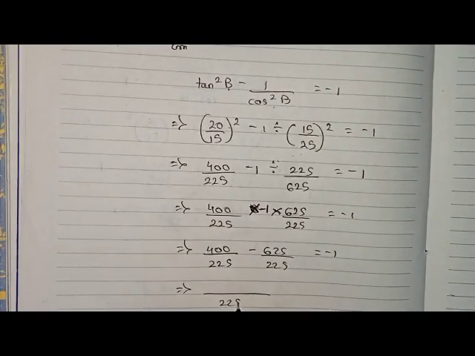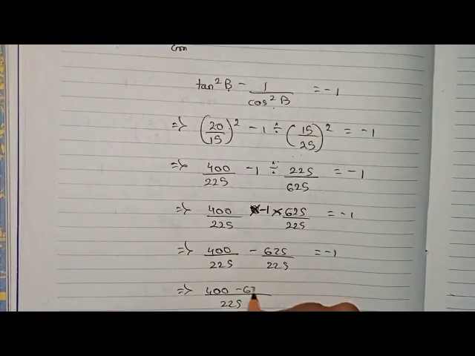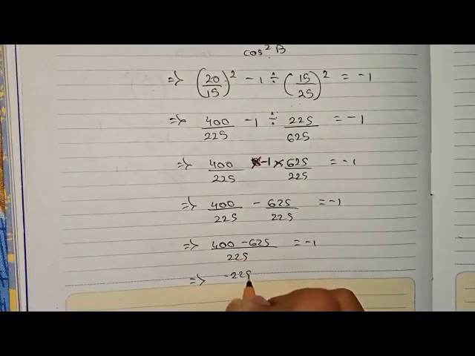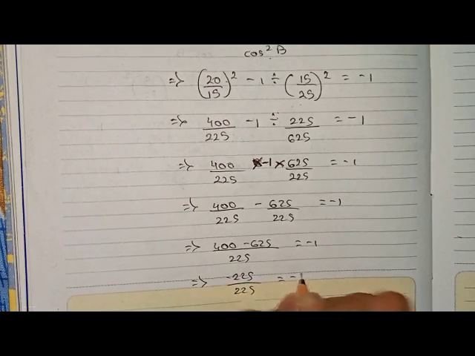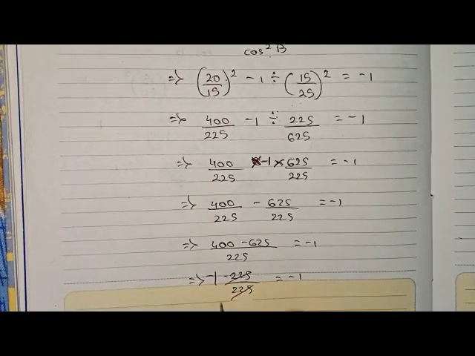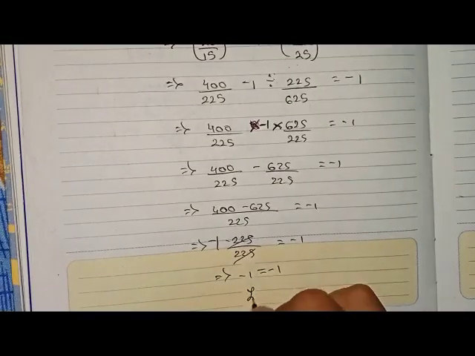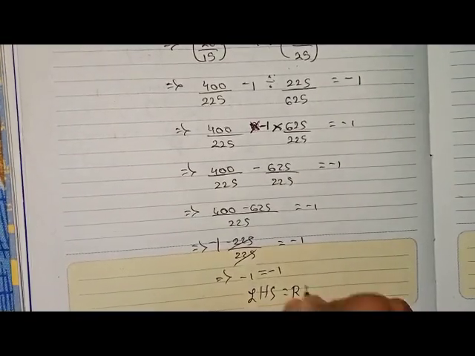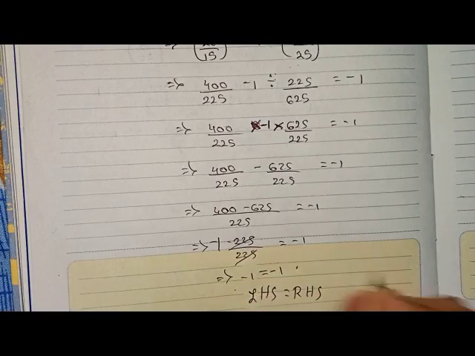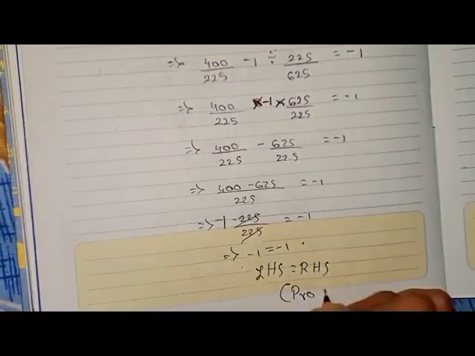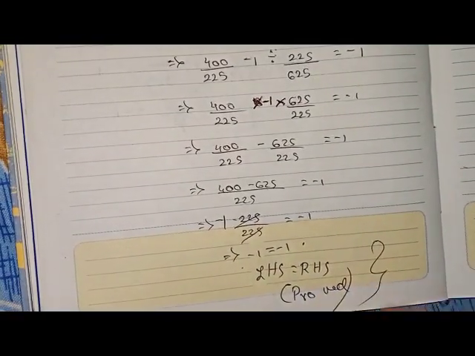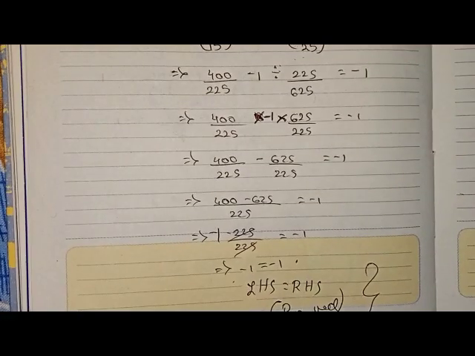So now 225, 400 minus 625 is equals to minus 1. So it will become minus 225 by 225 is equals to minus 1. We cut it, it will become minus 1. So minus 1 is equals to minus 1. So LHS is equals to RHS, that is left hand side is equals to right hand side. So that means it is proved. So this is the answer for this question.